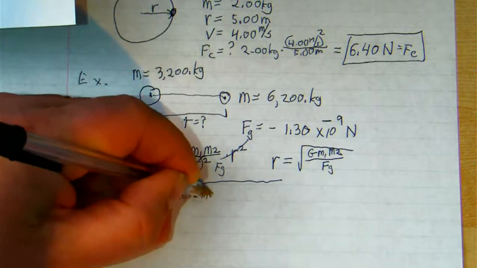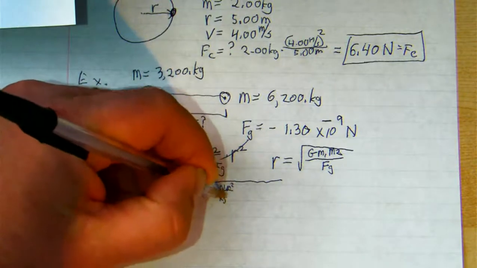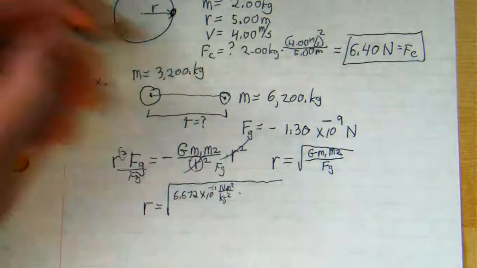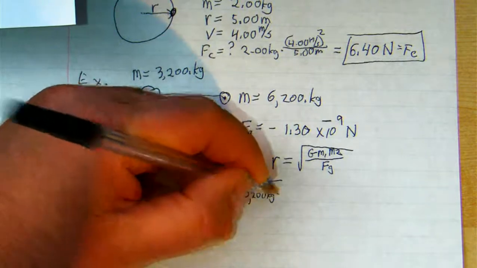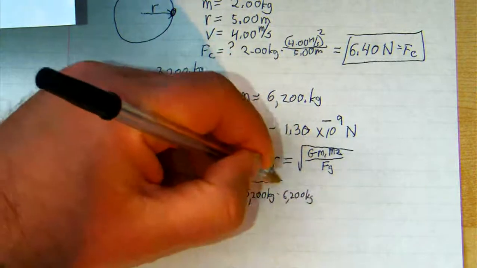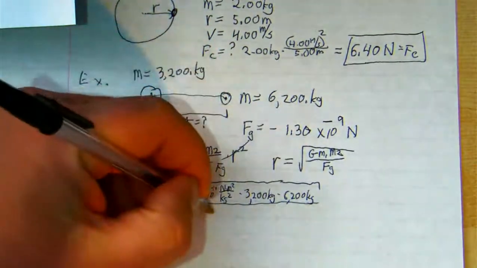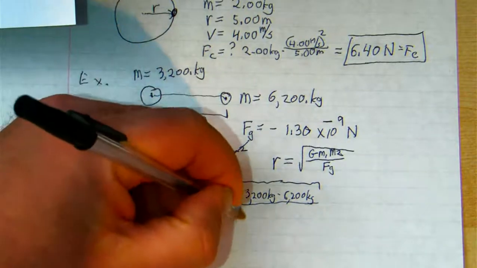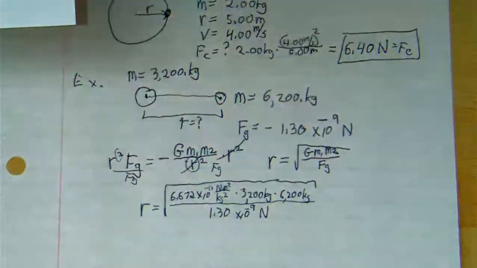6.672 times 10 to the negative 11th power newtons meters squared per kilogram squared times 3,200 kilograms times 6,200 kilograms divided by 1.30 times 10 to the negative 9th power newtons.